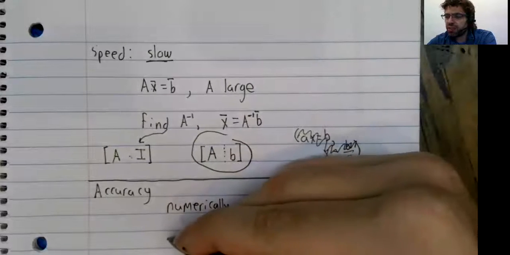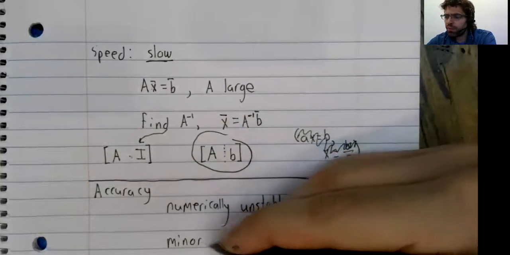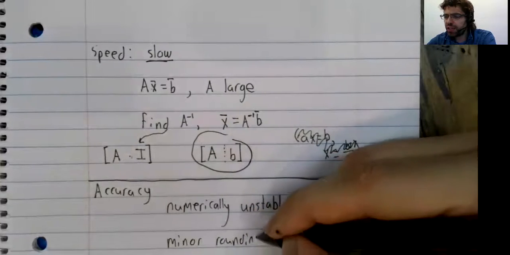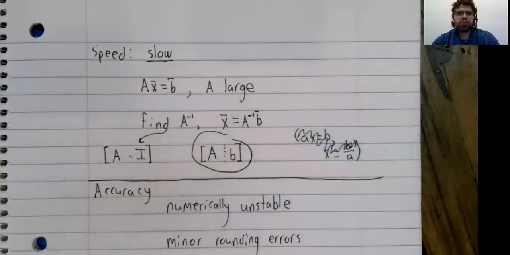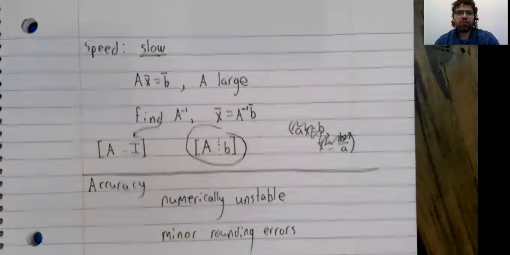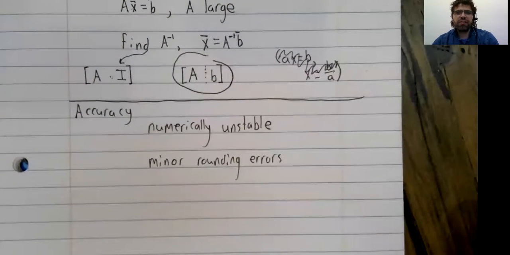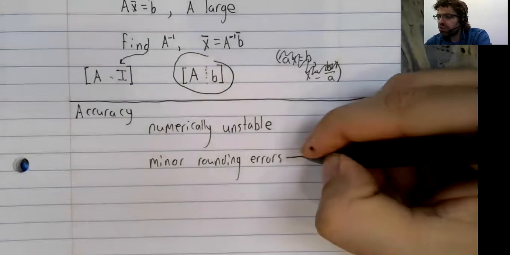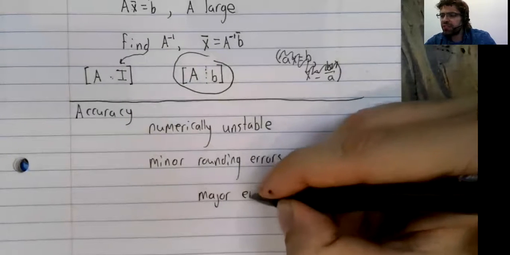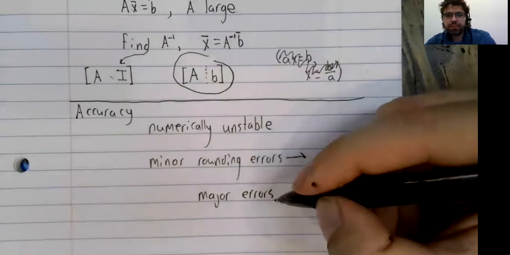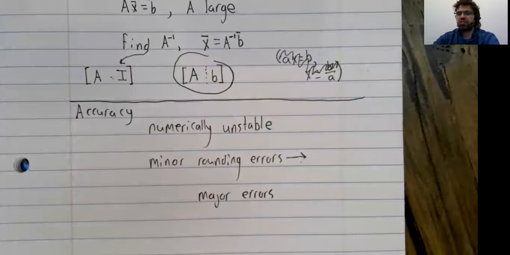What this means is that the minor rounding errors that your calculator experiences when it performs floating point arithmetic get worse and worse with every step, until the resulting matrix can be quite inaccurate.